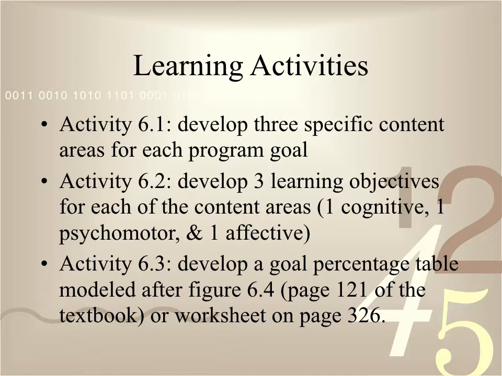Again, the purpose of the curriculum development project assignment is to teach you the process of developing an ABC curriculum. But for this assignment, let's say you have 5 program goals. So you have 3 content areas for each program goal.